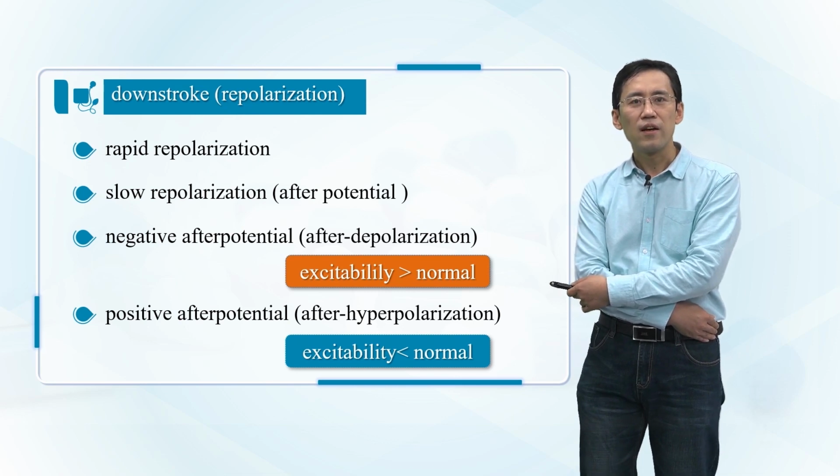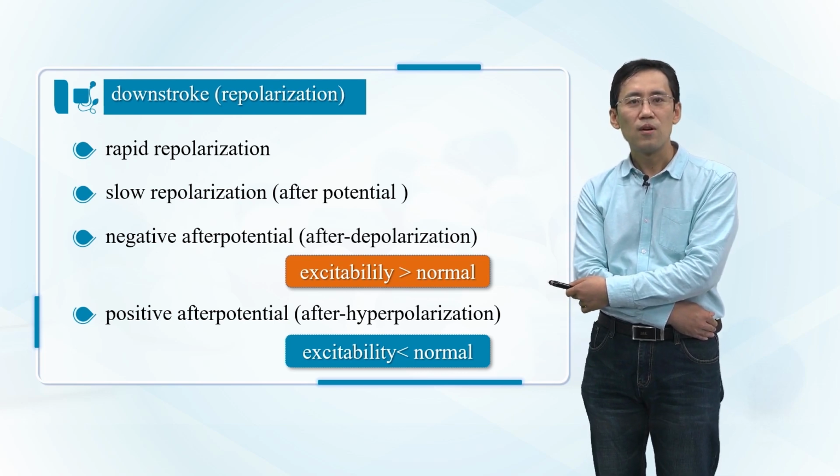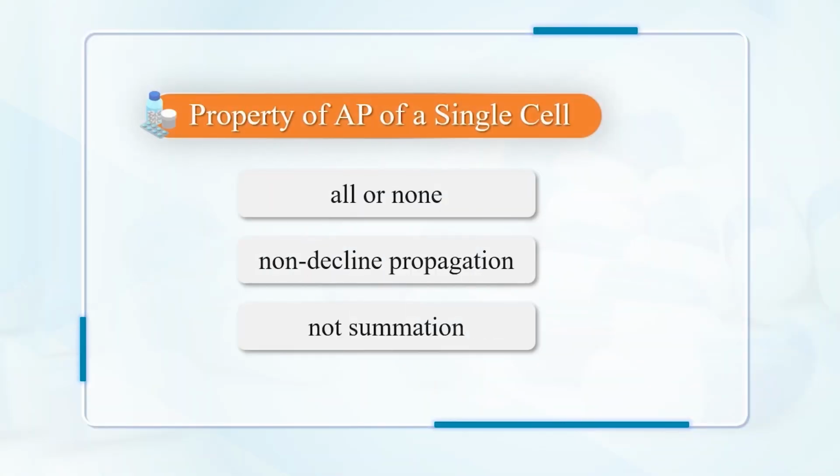It has a negative after-potential and also a positive after-potential, which means after-hyperpolarization. The characteristics of the action potential of a single cell: it is all or none, it is non-decremental in propagation, and it cannot be summated.